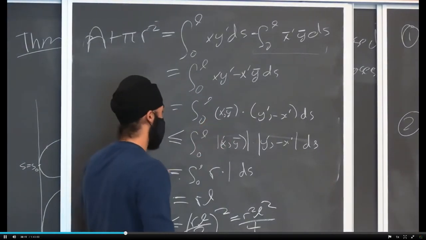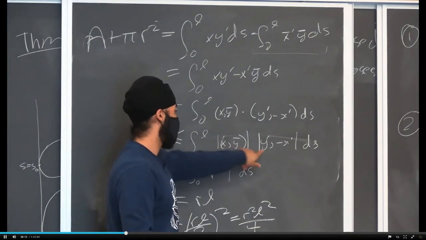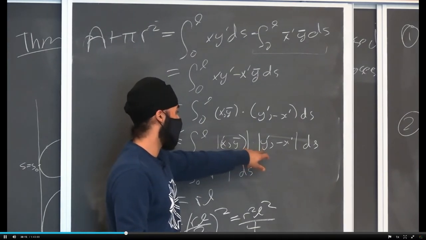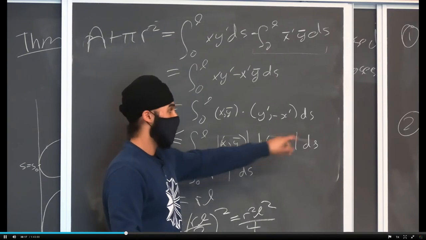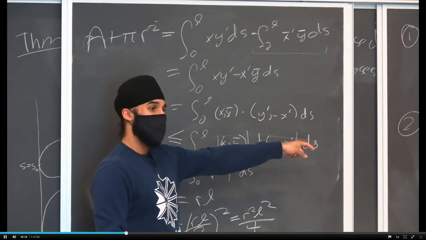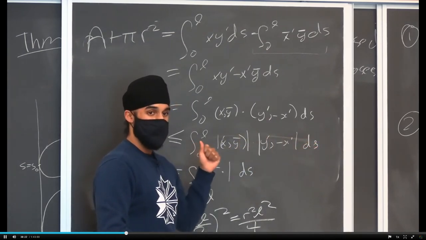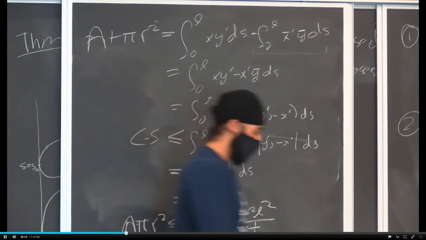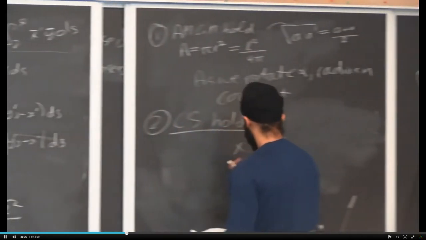Remember x bar is also x. And we're saying this is a multiple of this. So x is going to be equal to some multiple of y prime. That's what we get there. It turns out that constant is the radius that we're working with. The second equation is not that obvious.